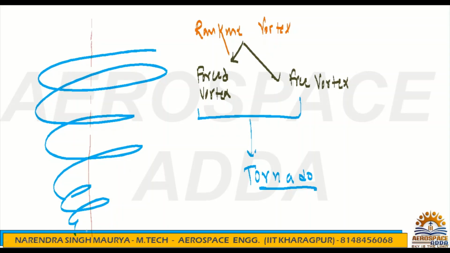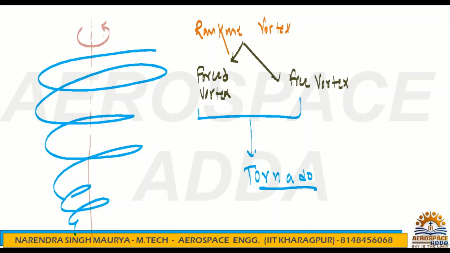So from one place flow will go to another place. From multiple directions the flow is coming, so then this vortex formation will be there. Initially it will be the forced vortex, but later on it becomes free vortex. So it's a combination, and it is around this axis. This is the combination of forced and free vortex that you need to remember.